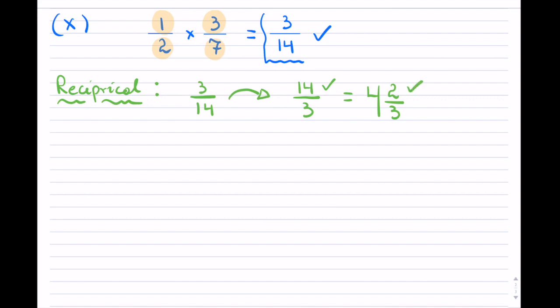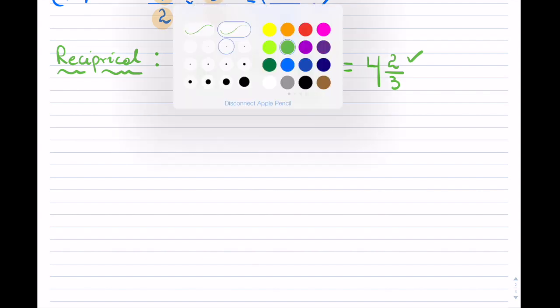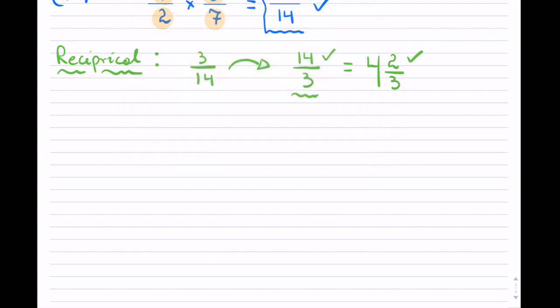So this is a mixed number format, and this right here is improper. So that's the idea of reciprocal. Now let's see a couple of examples where this reciprocal comes about so that you understand it a little bit better. It is just swapping numerators and denominators.